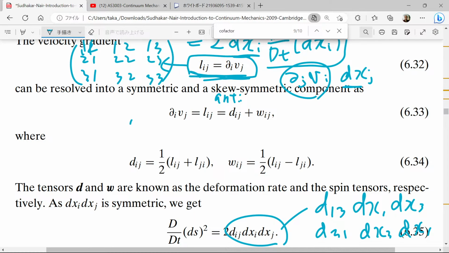Yeah, so it contains both. Then if D is symmetric, these are the same, equal, right? But if this is not D but W, W is anti-symmetric.